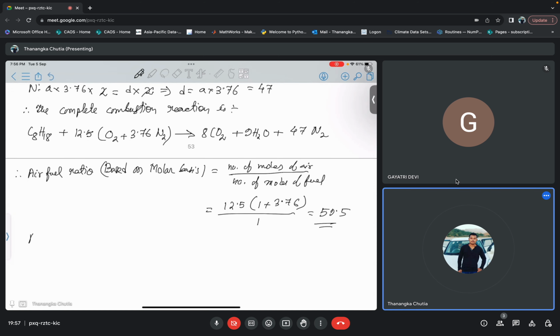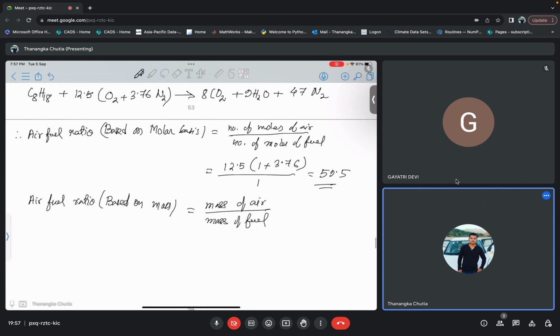Next is air fuel ratio based on mass, which is equal to mass of air divided by mass of fuel.